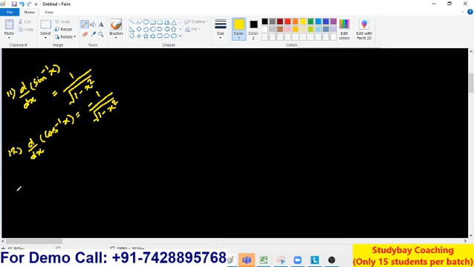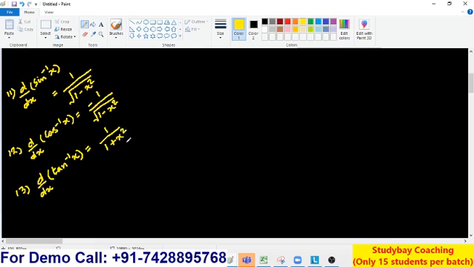Alright. After that, d by dx of tan inverse x will be equal to 1 upon 1 plus x square.